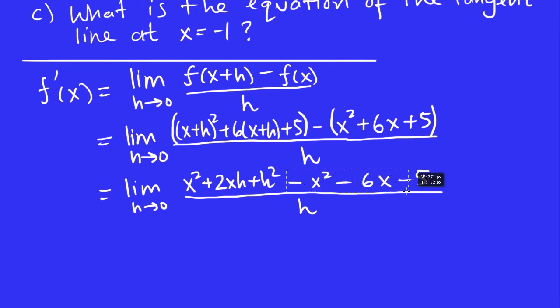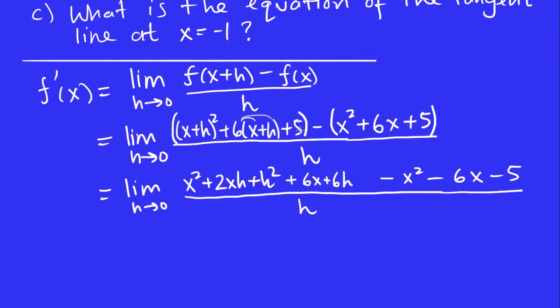Why don't I just move this over and give myself some more space, and let's correct that there. (x + h) squared is what I wrote here, but then I have to also do this, right? So plus 6x plus 6h and then a plus 5.